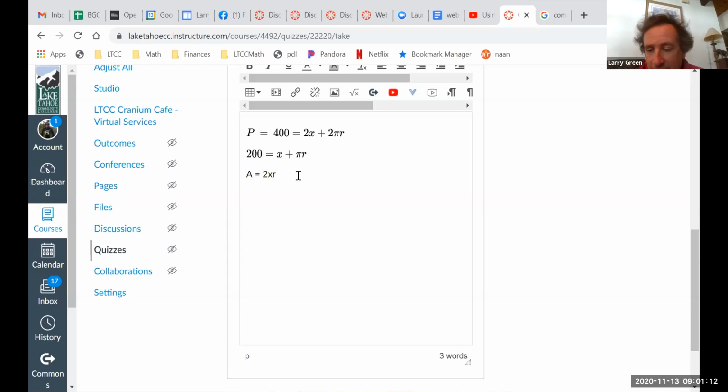So my area right now is 2xr. And it's going to become 2 times 200 minus pi r times r.